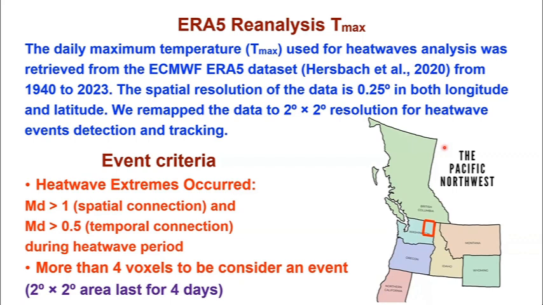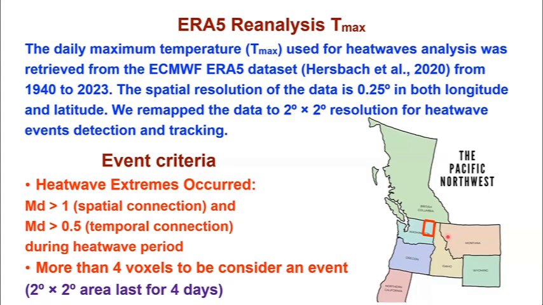So at this 4, but the 4 just means, because we're using 2 degree by 2 degree, a 2 degree by 2 degree area for 4 days, for example. And I'm showing one of the boxes in Washington state to show exactly how large the area is.